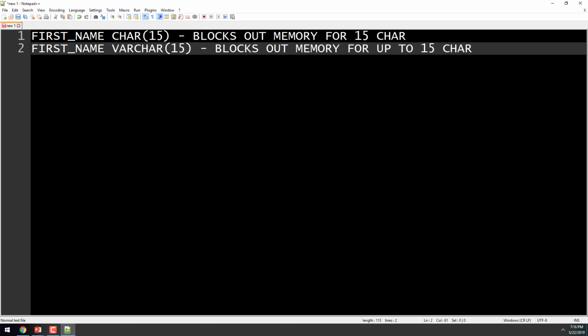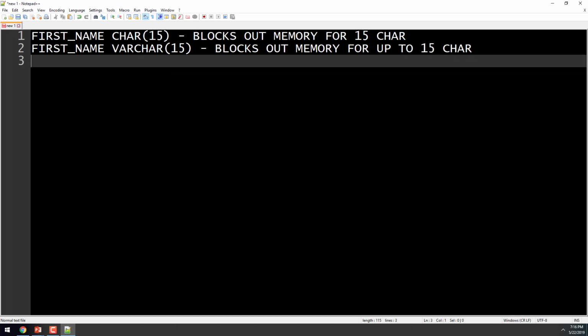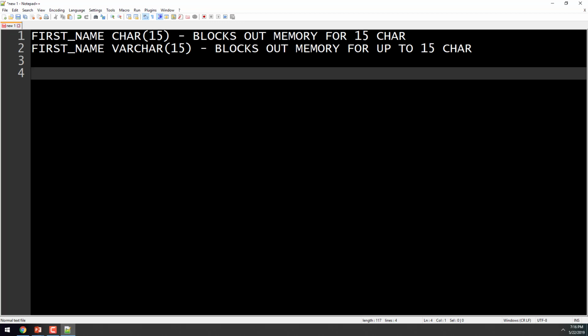So what determines which one it uses? Here's the basic idea. If the name in the field is, let's just take some random last name, like Stone or something. If I was using line 1, first name char 15, and the value stored in the field was Stone, even though I'm only using 5 characters, the memory still blocks out 15 characters, however much memory that is, okay?